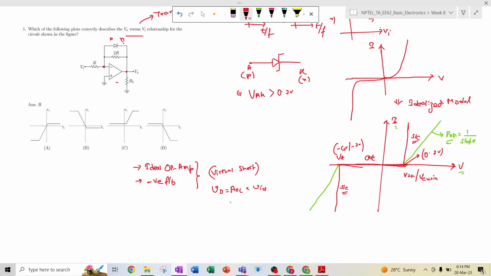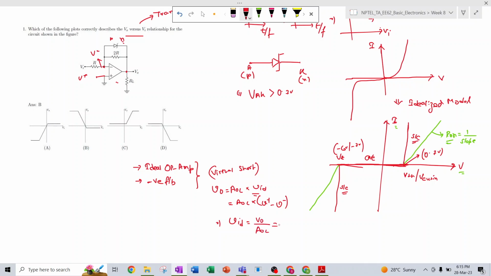So it can be written as AOL times (V plus minus V minus), where V plus is the non-inverting terminal voltage and V minus is the inverting terminal voltage. Or in the other way, VID is basically VO divided by AOL.